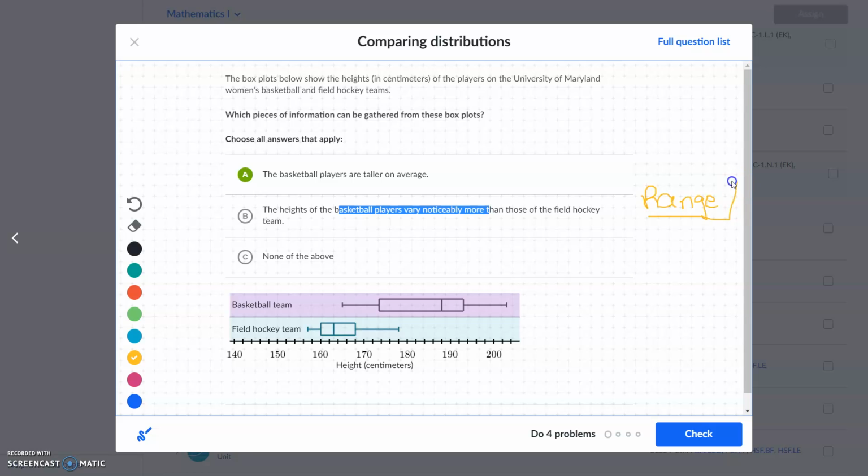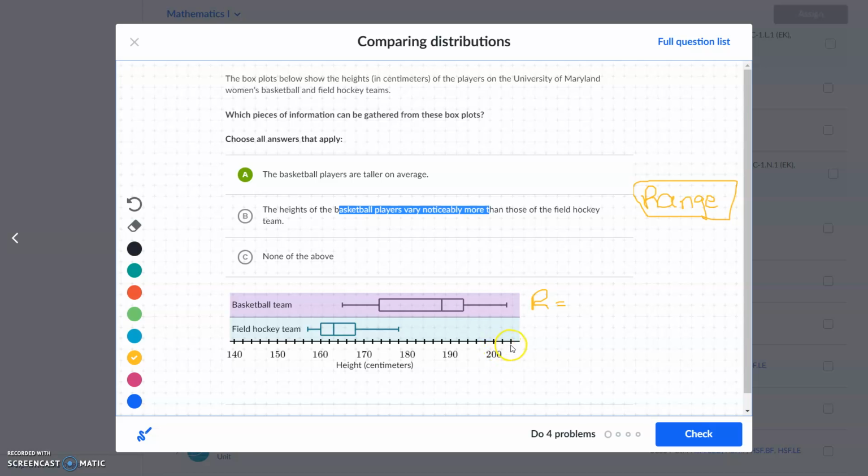Is the range bigger? Look at the basketball team. What's the range for the basketball team? Well, we talked about this earlier. The range is going to be the maximum minus the minimum, right? It looks like we're counting by twos here.